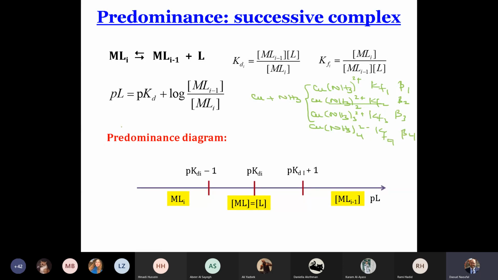We do the same analogy for the polyacid. For the polyacid, we have pH, we have pKa1 and pKa2. Suppose we have H2A, HA minus, and A2 minus. Do the same analogy for the complexes.